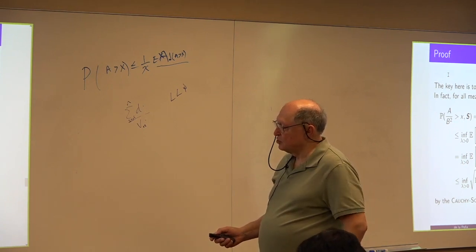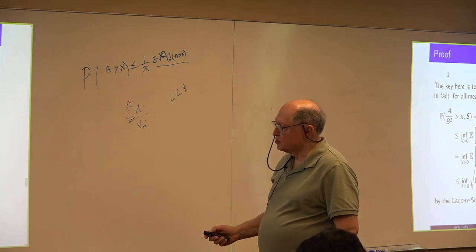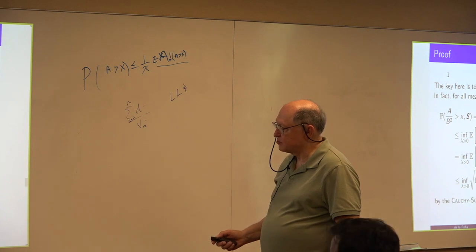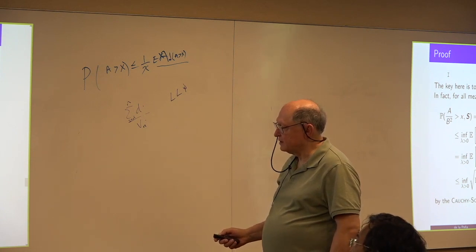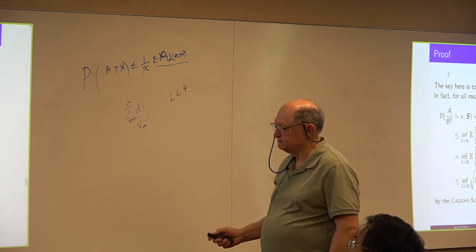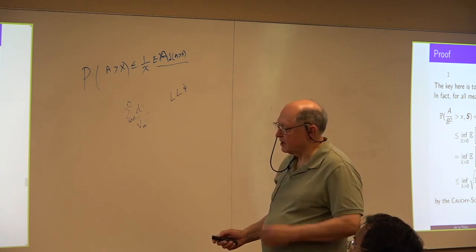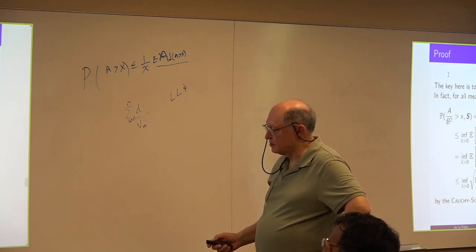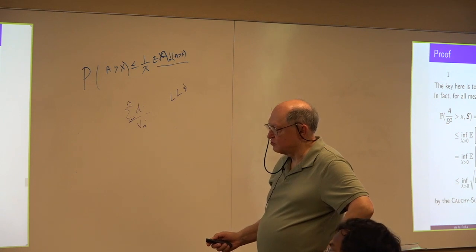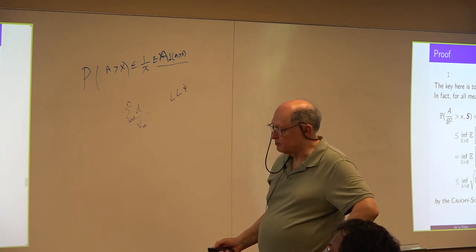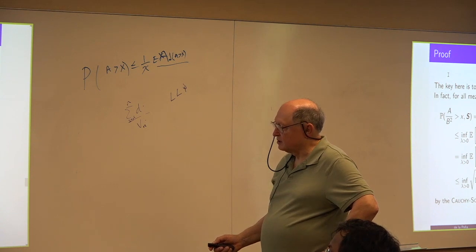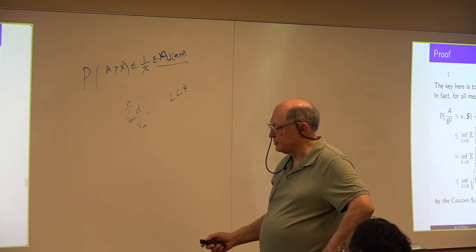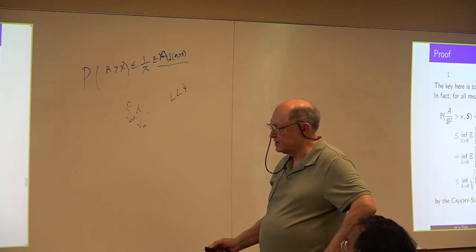Then what you do is you complete the squares, so by subtracting lambda squared over 4B squared and adding it, we end up with this formula. Now, the other assumption of this course is that you know Chebyshev's inequality or Hölder's inequality. So that's what I'm using here. So that's fair game. And so this is less than or equal to that square root times this square root. And this is less than or equal to 1.